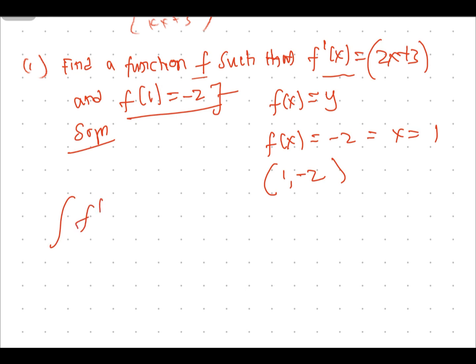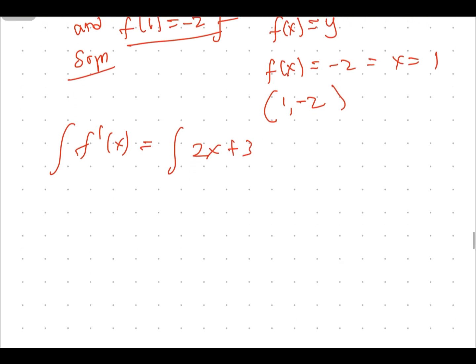So the integral of f prime of x is equal to the integral of 2x plus 3. Therefore in doing this we are going to get f of x is equal to 2x squared over 2 plus 3x, and in this way the 2 will cancel, and we are going to get x squared plus 3x.